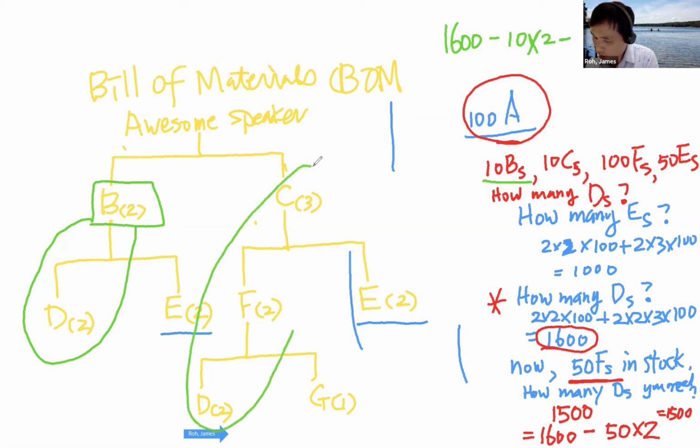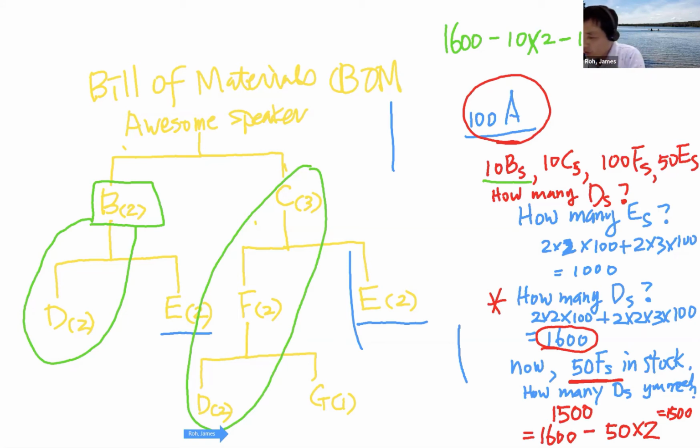We know that one C has 2 times 2, so 4 Ds are included in one C. So we can say 10 times 2 times 2 has to be subtracted.